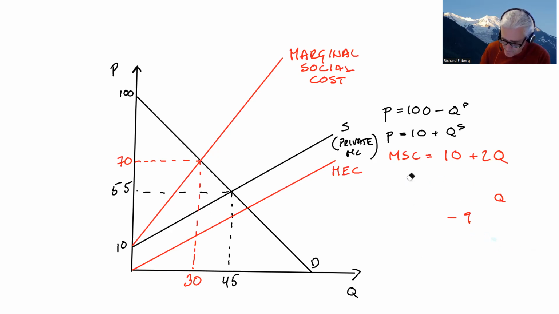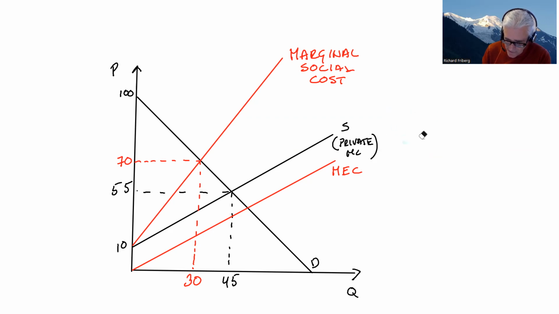So let's clean up a bit. There's still the same marginal social cost that we had. We can also take away this. We've already drawn that. So let's instead work with the different areas here.